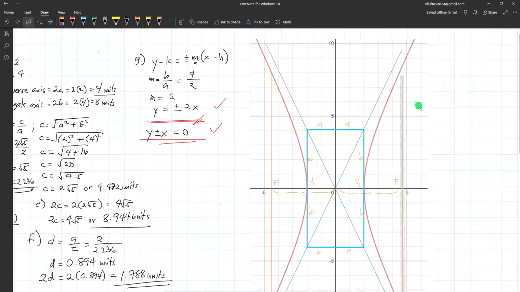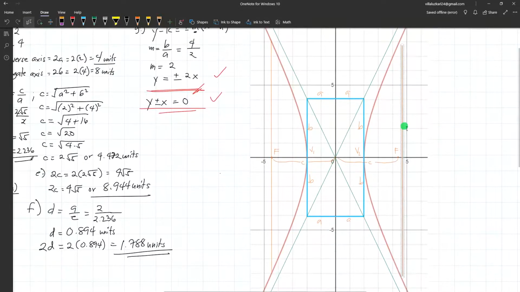So for example, this on the left side we have here. Let's count if it is correct. 1, 2, 3, 4, 5, 6, 7, 8, 9, 10, 11, 12, 13, 14, 15, 16. Yes, 16 units.